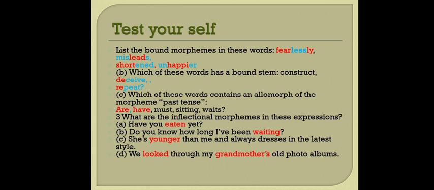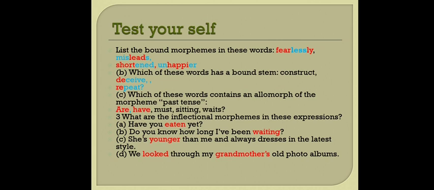This type of combination in the English language is known as bound stem construction. Like repeat, receive. If you separate them, there is no free morpheme in them. They are actually a combination of two bound morphemes, known as a bound stem construction.